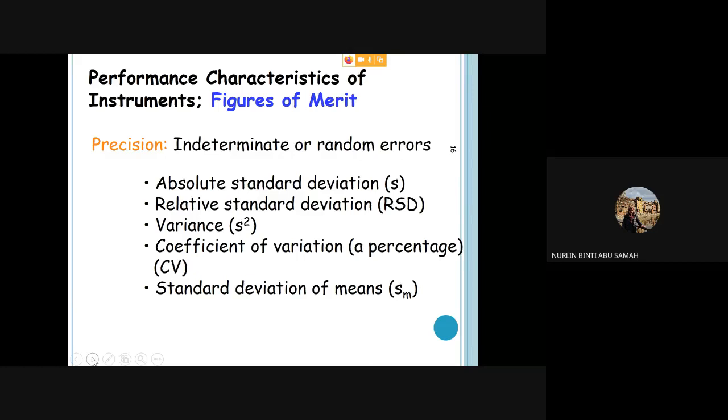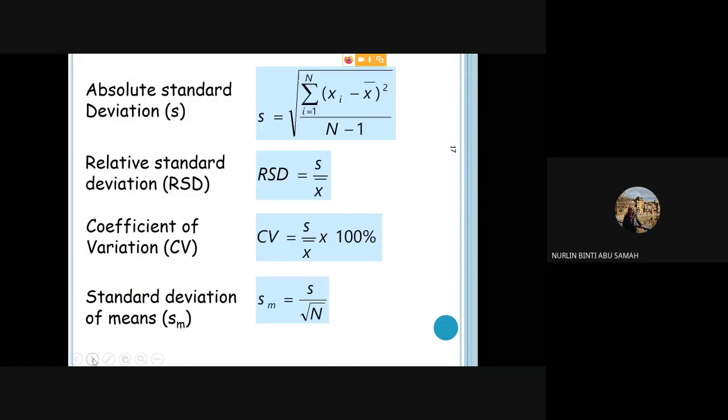RSD, variance, CV, coefficient of variation. These are the things that must be included in the random errors. This is the formula that we can use to calculate the different parameters in the random errors.